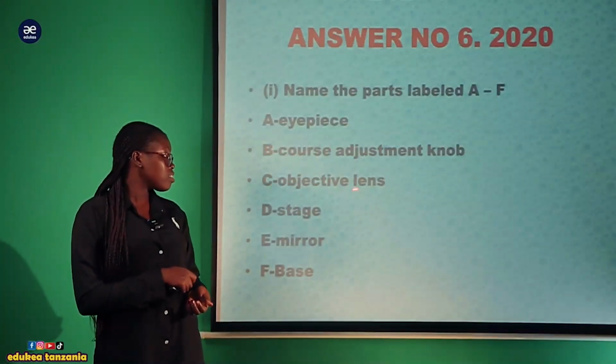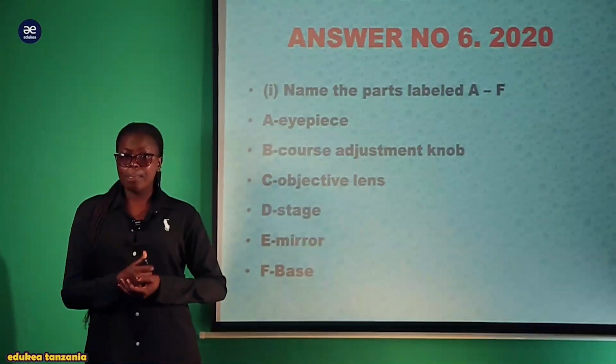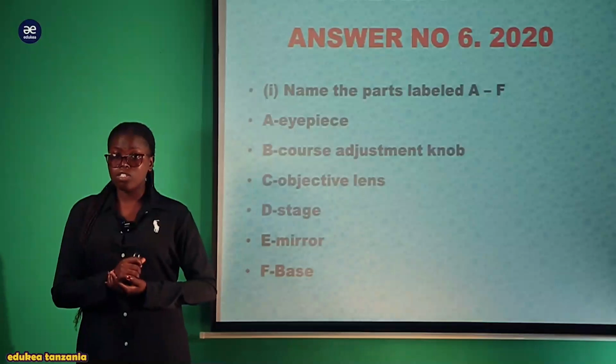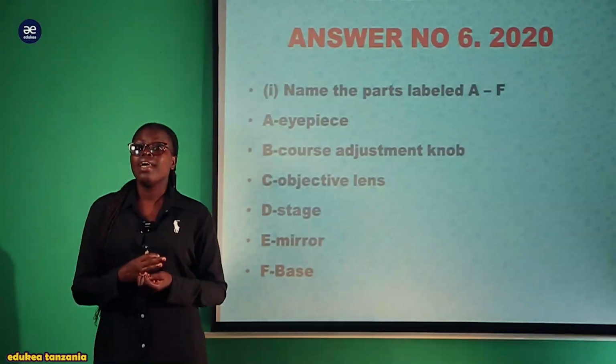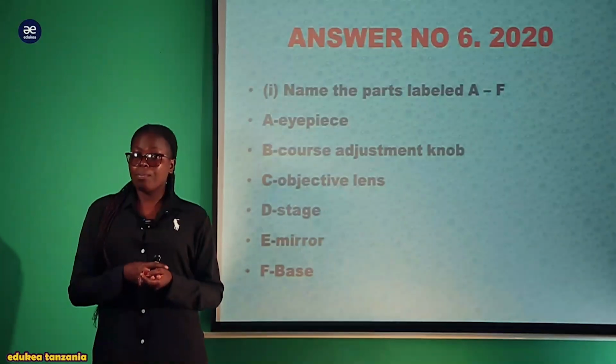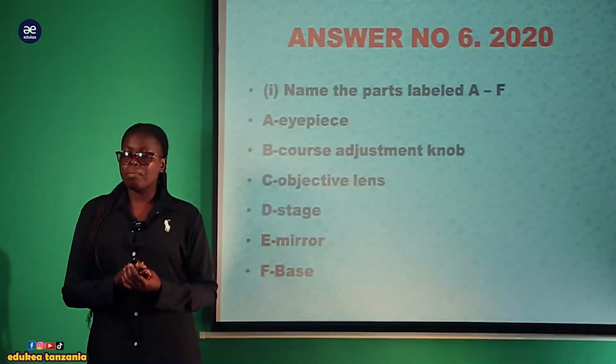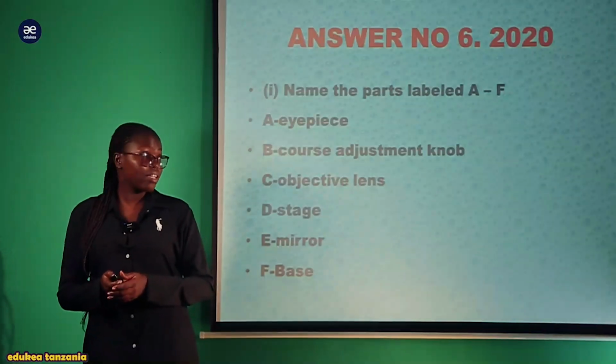Then the objective lens is C, D is the stage, E is the mirror, F is the base. These biological parts of the microscope I have explained and taught in our topic of biological laboratory from form one. Please, if you have not followed, if you have not studied, you are most welcome here at Educare Media so that you can increase your understanding.